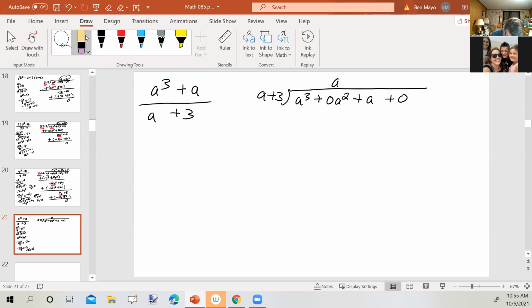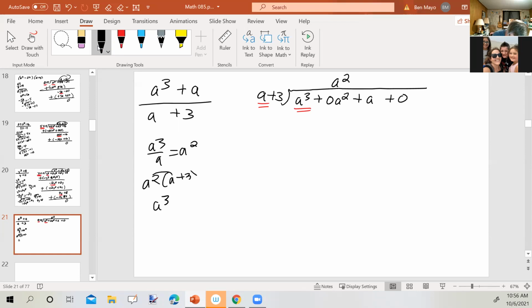All right, so watch carefully this time. Here we go. So I take the leading term inside divided by the leading term outside, right? So that's a cubed divided by a, which is a squared. So that goes there. Then I take a squared times a plus 3, which is a cubed plus 3a squared.